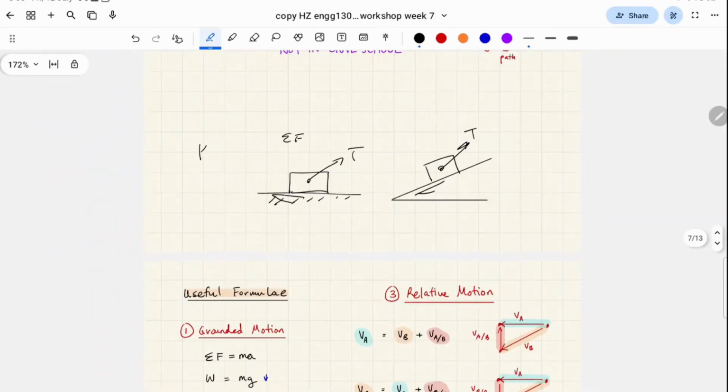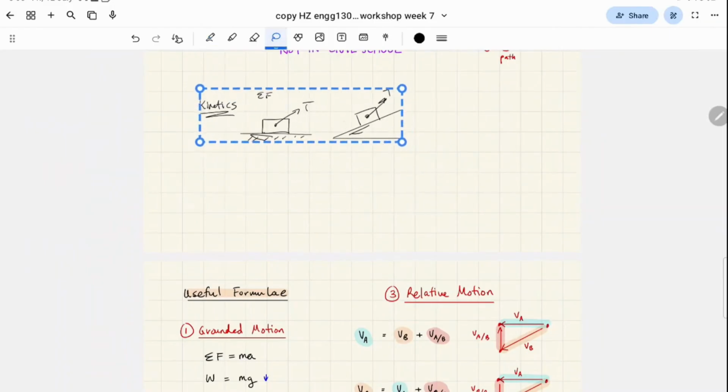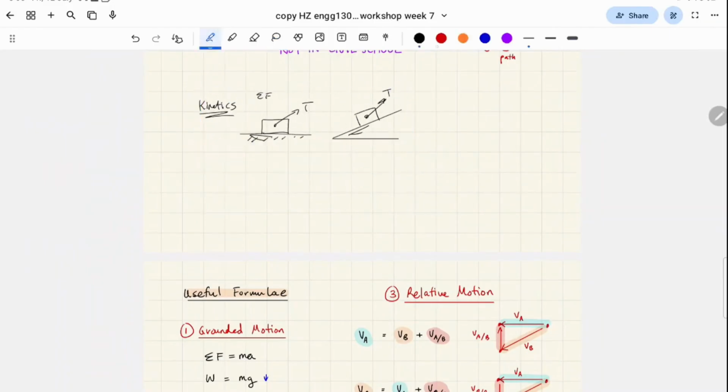But that's technically kinetics, right? But for kinetics, there's more to it than just Newton's second law. In kinetics, we're going to deal with work energy methods and impulse momentum methods, right?